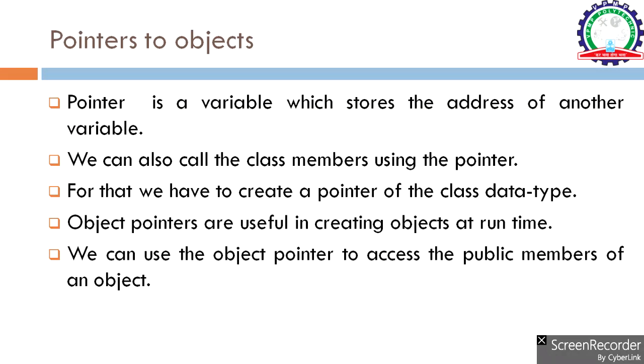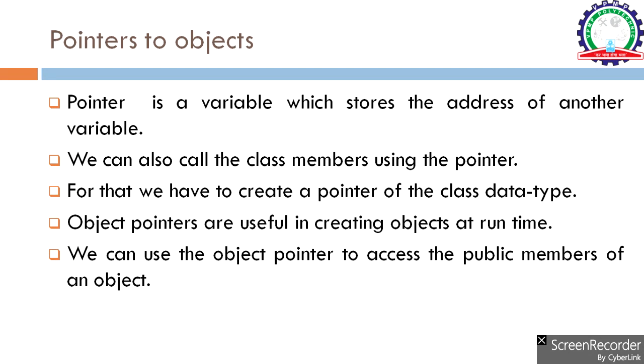That means we can create the pointer to the object and through that pointer we can call the class members in a class. For that we have to create a pointer of the class data type, and then object pointers are useful in creating objects at runtime.